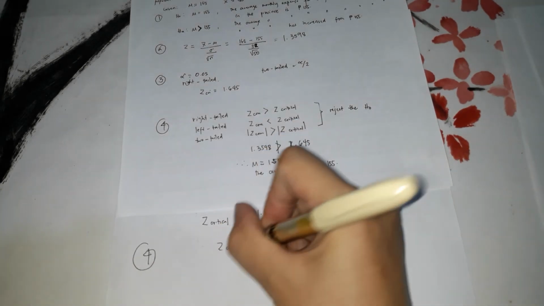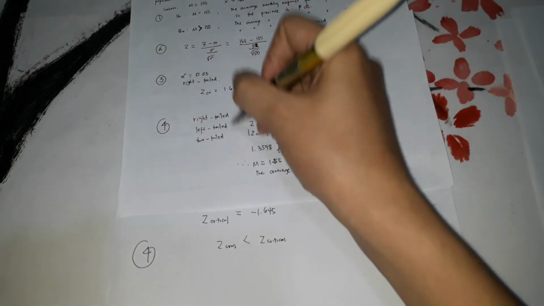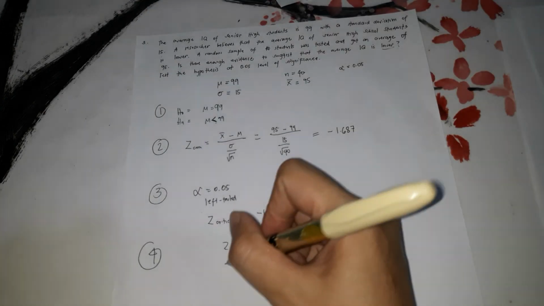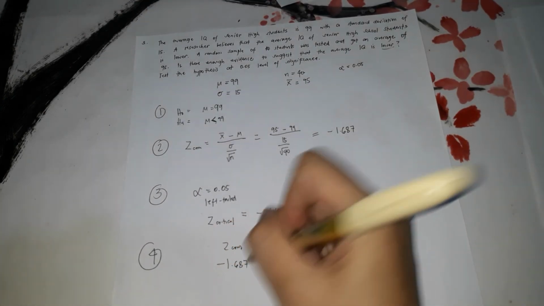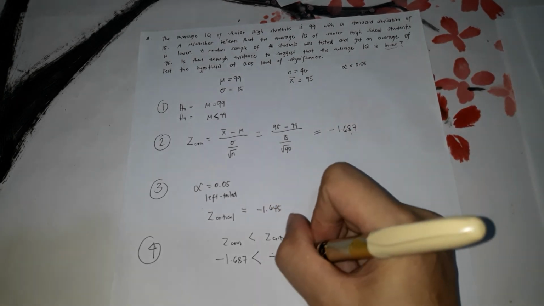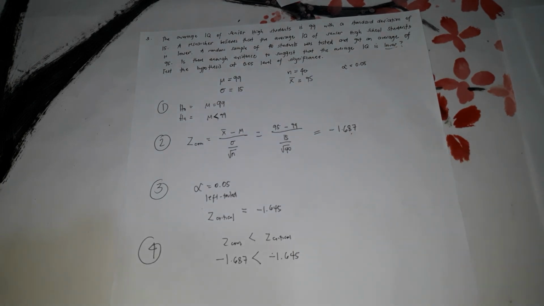So based on our example, kailangan na si z computed should be less than, kasi it's left-tailed. Si z computed, it's negative 1.687. The z computed should be less than negative 1.645. So is this true or false?